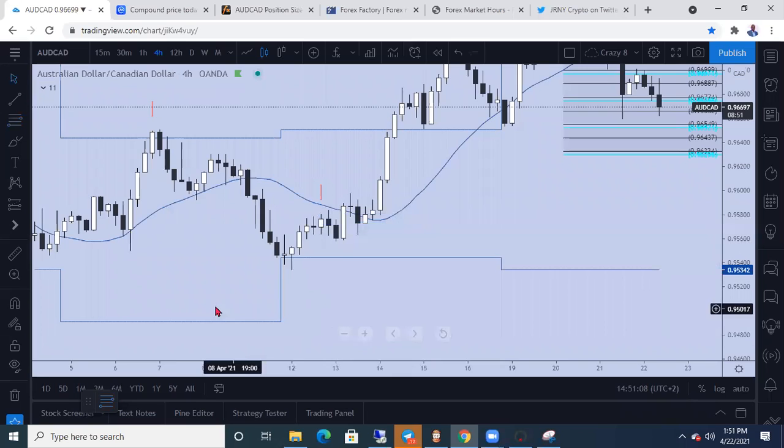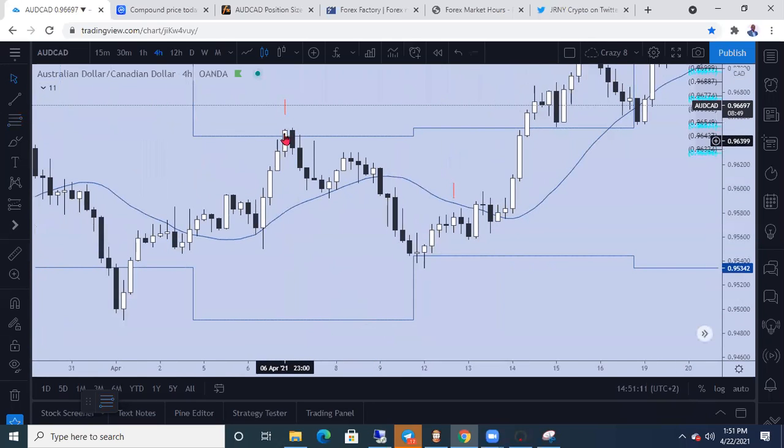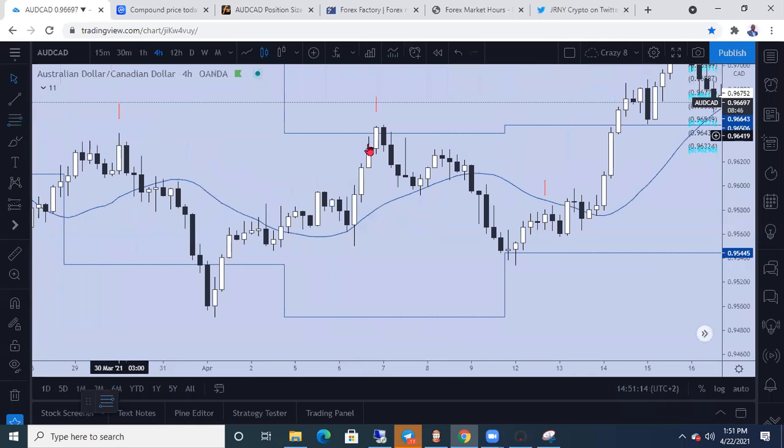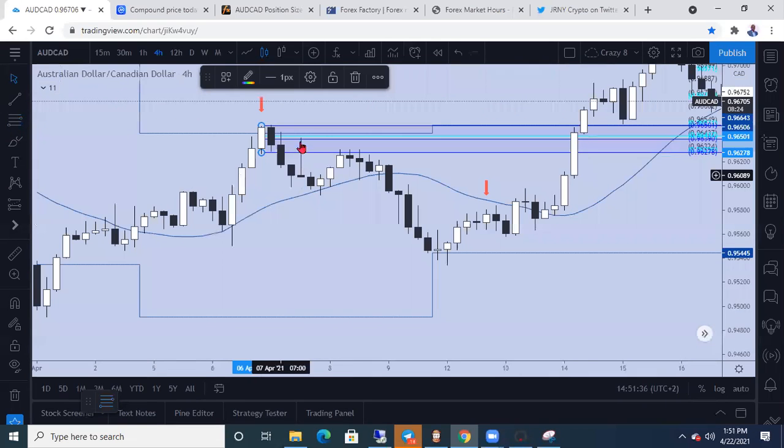Just a way of helping you find high probability setups. All right. So here we have our breakout. Here we have our test of the preferred entry, and then price melts away.